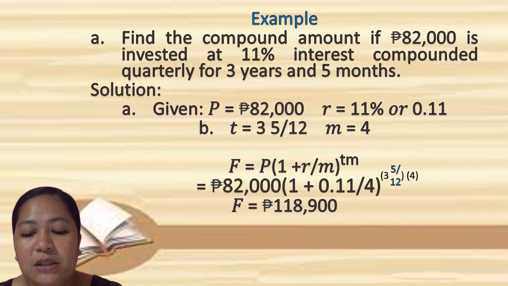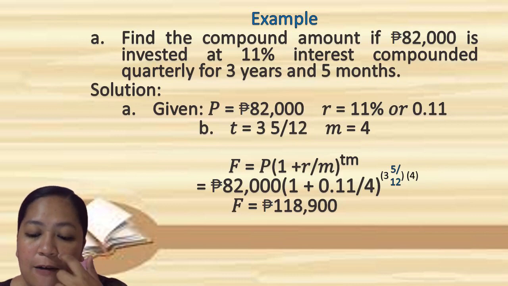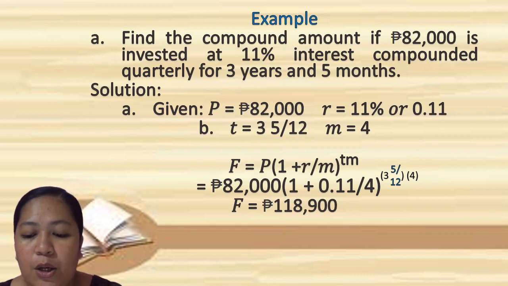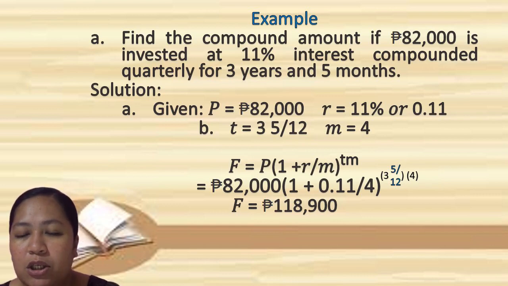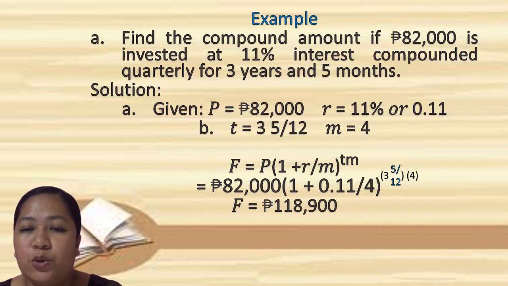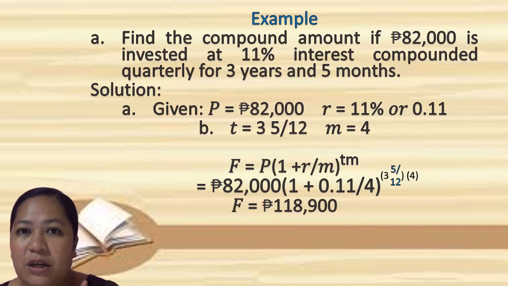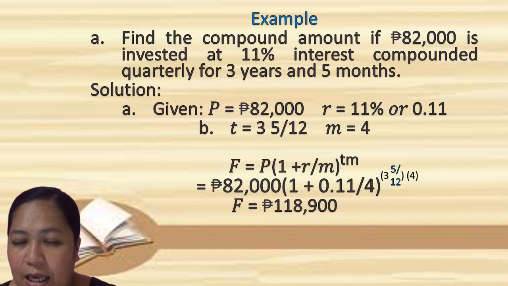And then for the time, that's 3 years and 5 months. So what we will put is 3 years and then 5 over 12. Or, so it is not difficult on your part, you can convert 3 years into 12 months. So that's 12 times 3, 36 plus 5, so that's 41, so the time is 41 over 12.